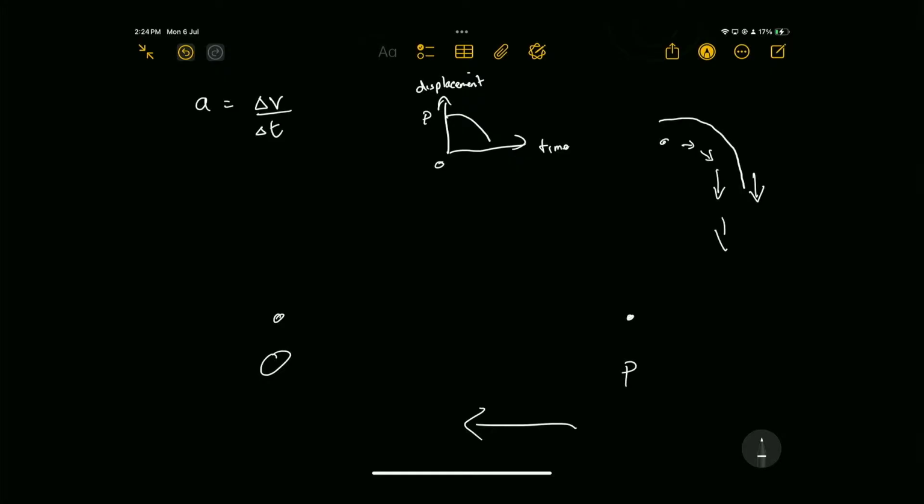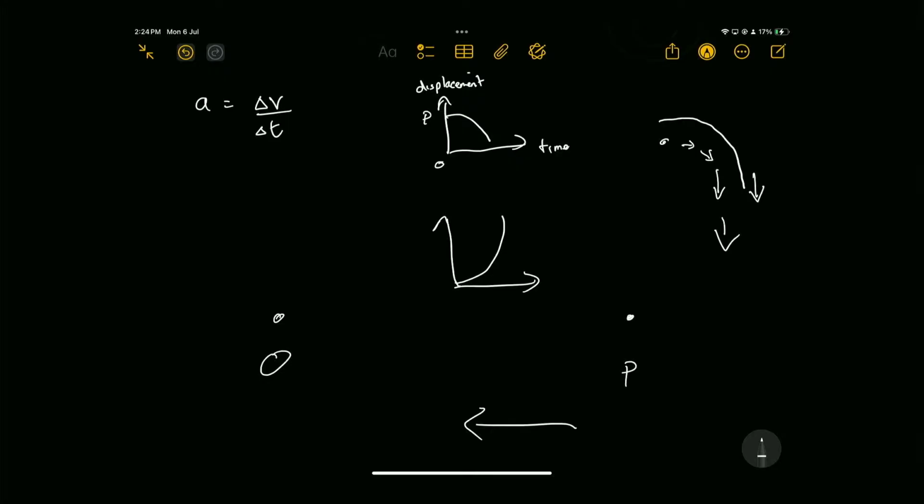So we know when velocity increases, that is an acceleration. So this graph shows acceleration. The difference between this graph and this graph: both of them show acceleration.